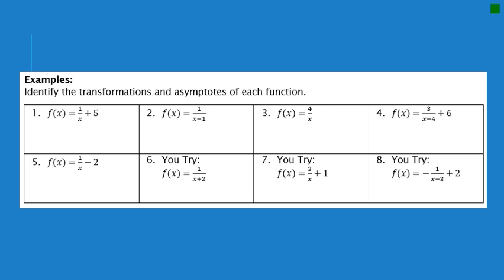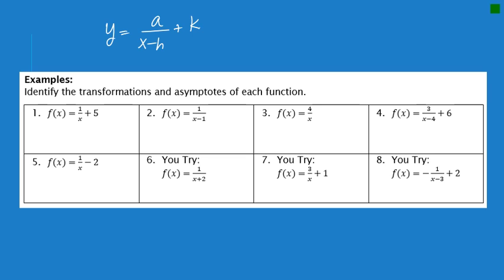For these first few problems, we're going to just identify the asymptotes. So what I want to do up at the top here is write down our standard form that we've been talking about, which looks a bit different than the other ones because so far our x minus h has always been inside of parentheses or absolute value or radical, and now it's actually in the denominator of a fraction. So it looks a little bit different. And then your a number will be on the top of that fraction.